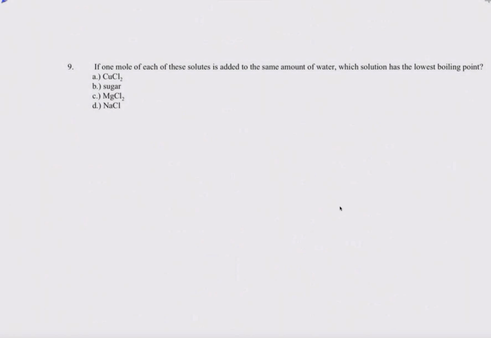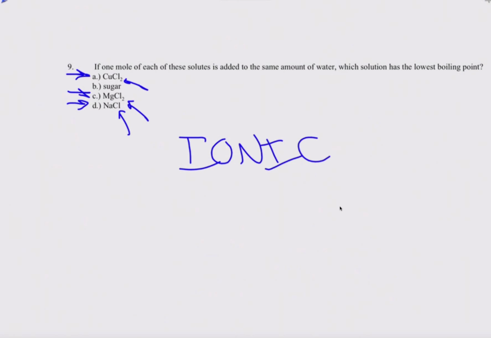What you have to remember here is that anytime you've got something like this, metal, non-metal, A, C, and D, a lot of times these are things like sodium chloride, magnesium chloride, calcium, or copper chloride. A lot of them have chloride at the end, but it doesn't have to be chloride. These are all ionic. Ionic compounds dissociate or break apart when they dissolve, which means they basically multiply their effect.